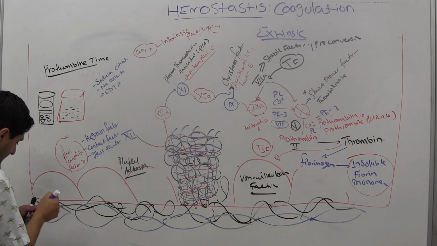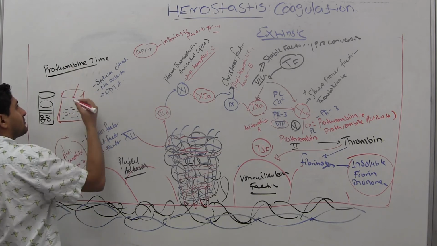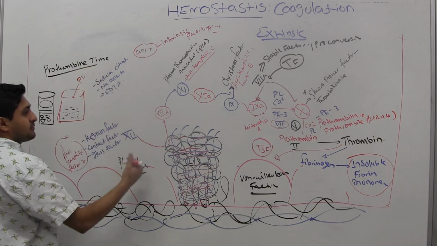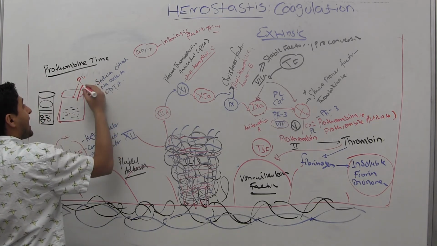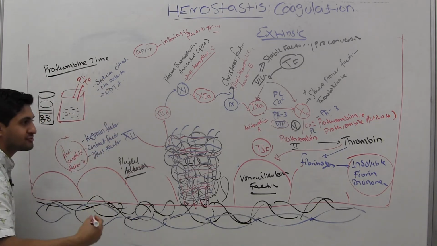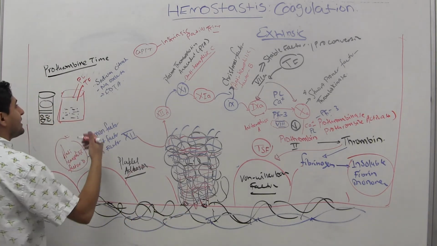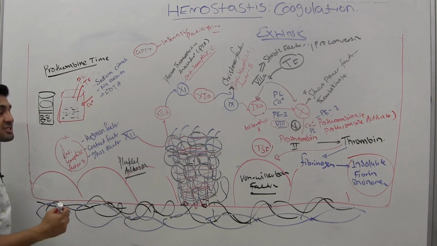After that, because I'm talking about prothrombin time, they add phospholipase, because remember all of this involves phospholipids. Then they add tissue factor, which is very important because it tells us about the extrinsic pathway. After that they add calcium, and when they add calcium, they start timing it.